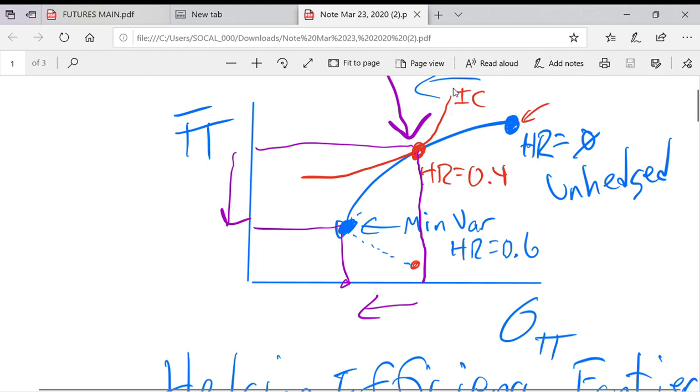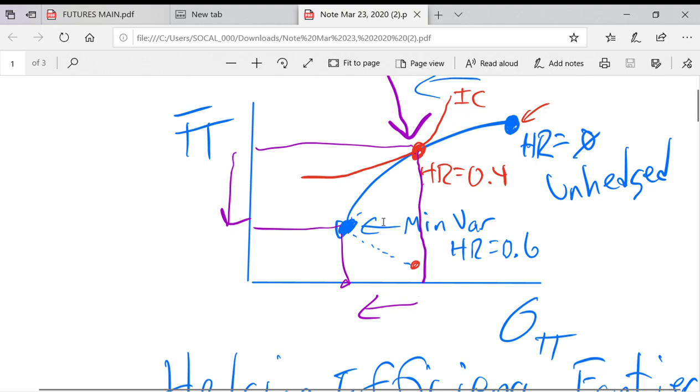But this red indifference curve is meant to show you where a specific or individual risk-averse investor might end up, and there's a tangency between that indifference curve and the hedging efficiency frontier right there. And I just said let's assume that's a hedge ratio of 0.4, and that's where the hedger would choose to be, and this is his profit expectation, this is his risk expectation.